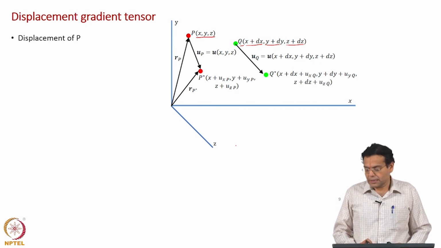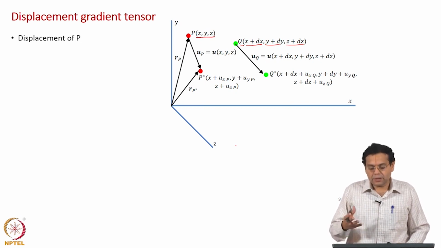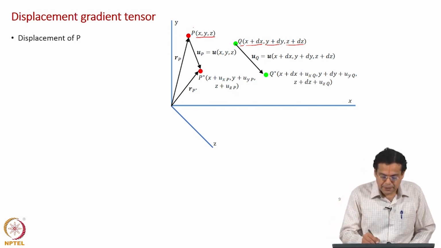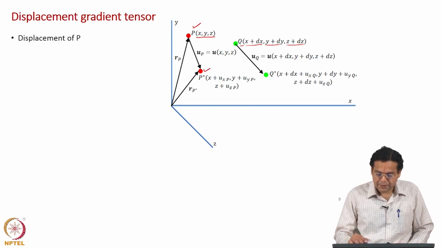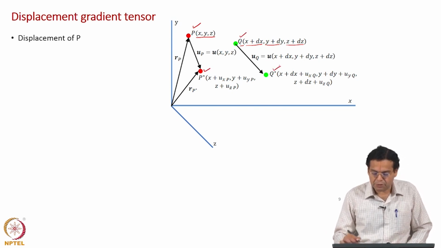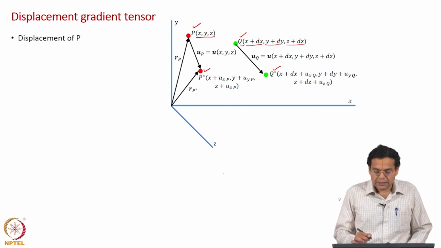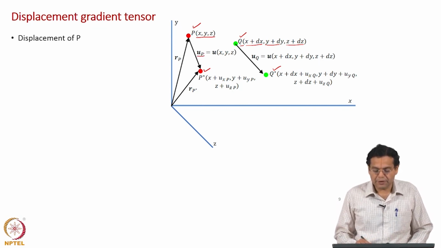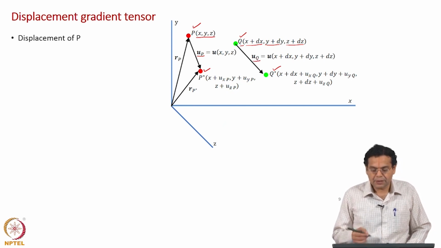Now the plate undergoes maybe rigid body motion and deformation. P has moved to P star and Q has moved to Q star. Okay. Now the respective displacements are denoted by u vector P, u vector Q.